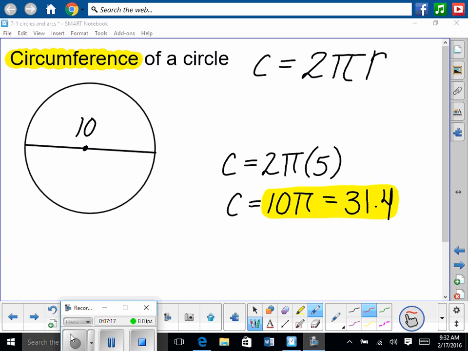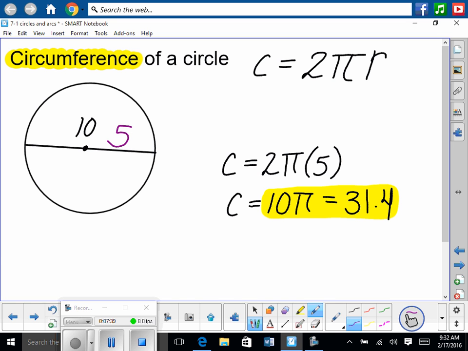Now, given a circle, if it says find the circumference, it's pretty simple. So looking at this example right here, we're going to find the circumference. What's my radius? 10's in the middle, so we can assume that this radius would be 5. So then our circumference would be 2 pi times 5, right?